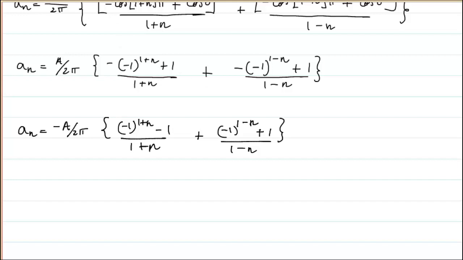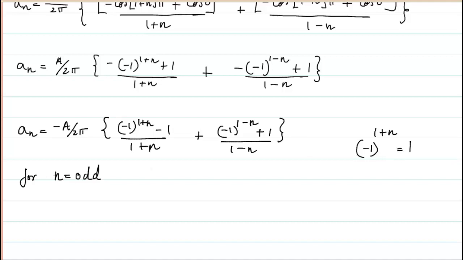Now here is something very interesting you can note: for n equal to odd, when we say that n is odd, then obviously 1 plus n will be even. If it is even, we know that minus 1 raised to an even power is always going to be 1, correct?